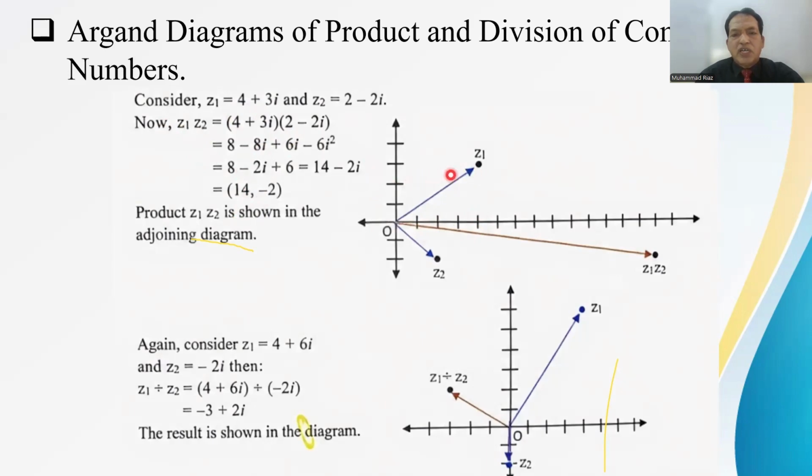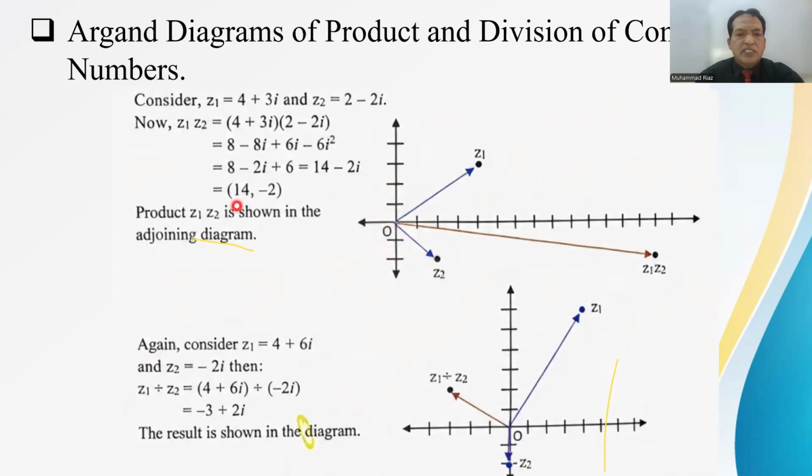When we plot the point, this is z1. And z2 has real part 2 and imaginary part minus 2. So we will represent on graph paper, on the x-axis 1, 2, and in front of this, y is also minus 2. So real part 2, imaginary part minus 2. On graph paper, this is z2.